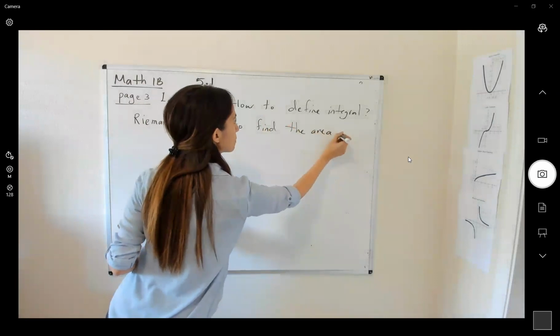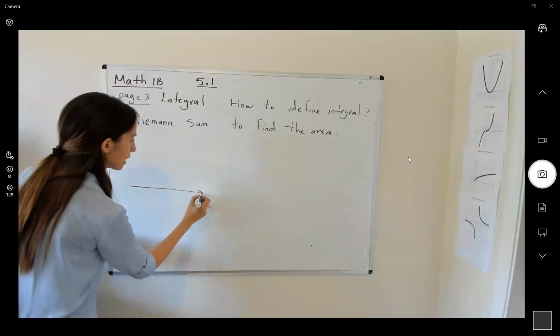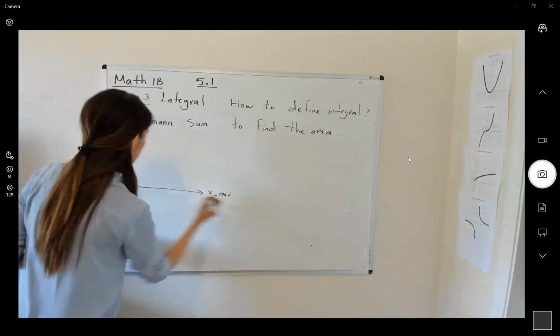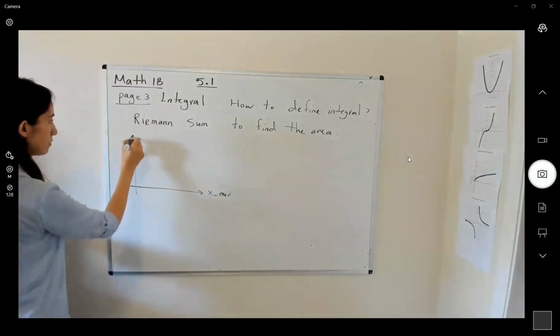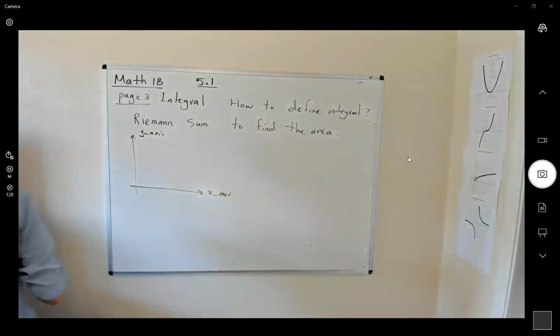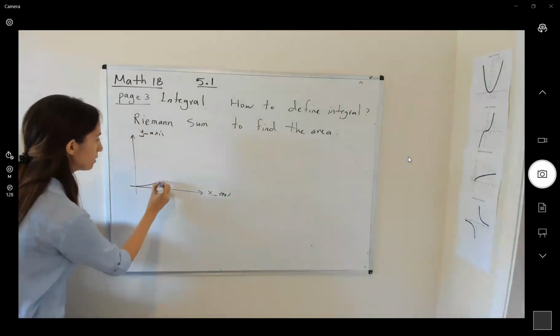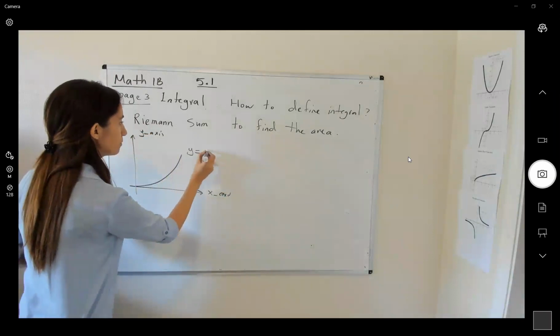How does it work? Let's get back to our previous example, x-axis, y-axis. What do we have here? We have the function y equals x squared. This is my function.